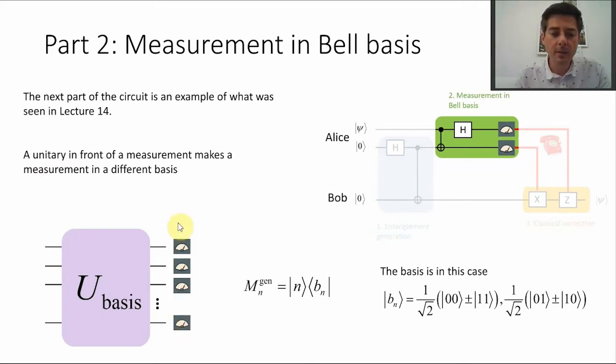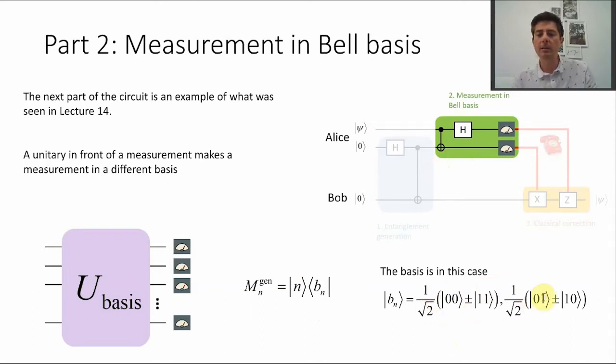So even though our measurements are all done just in the 0, 1 basis, we can actually make a more complicated, more general measurement just by putting some unitary gates in front of here, and that will actually make a much more general set of measurements. And it so happens that what this stuff here does is to make the measurements in this so-called Bell basis.